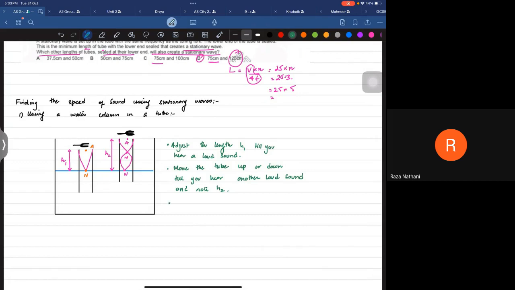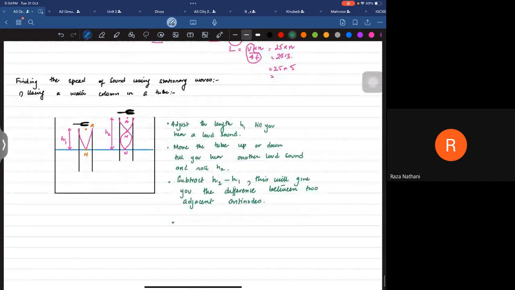Now, the next thing you want to do is subtract H1 from H2. This will give you the difference between two adjacent antinodes. All right, kids.